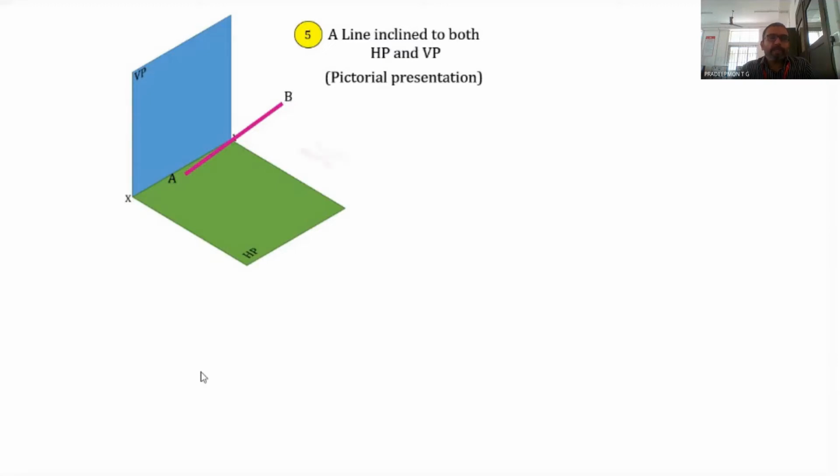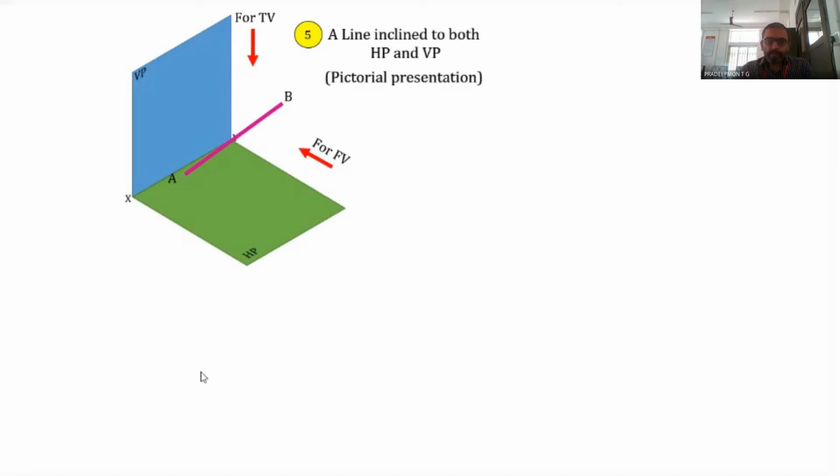Now, if we draw the front view, for the front view we are looking in this direction, the direction of the red arrow. And for the top view we have to look from the top, in the direction of the red arrow.